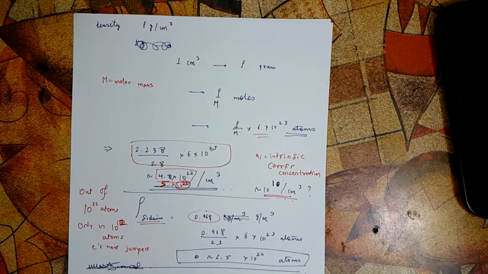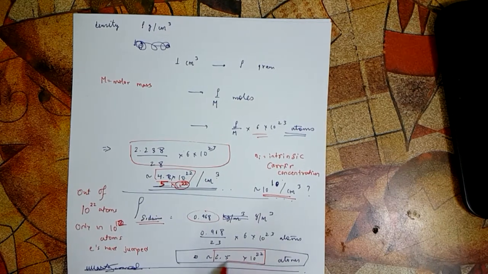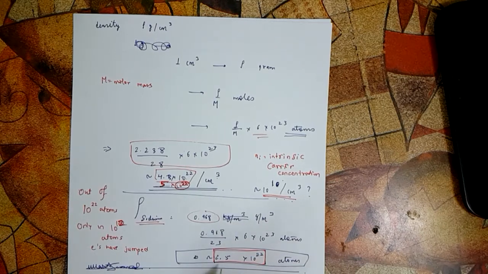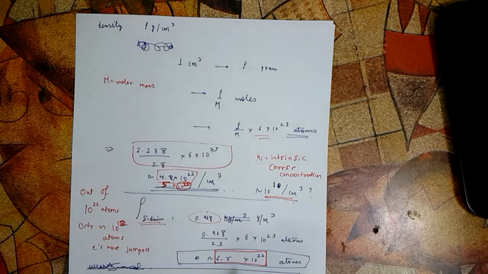Because each atom will furnish one valence electron for conduction, because it's a conductor. So one atom, one electron. So the electrons available in 1 centimeter cube which can conduct electricity are 2.5 into 10 raised to 22. So one atom, one electron in case of sodium, and one electron out of 10 raised to 12 atoms in case of silicon.